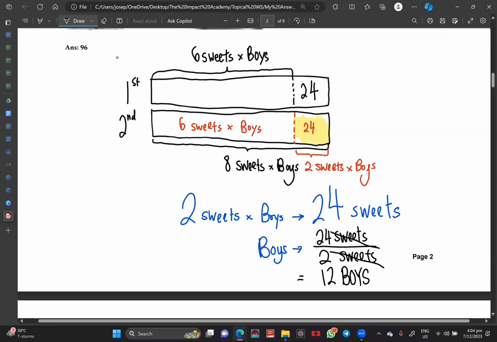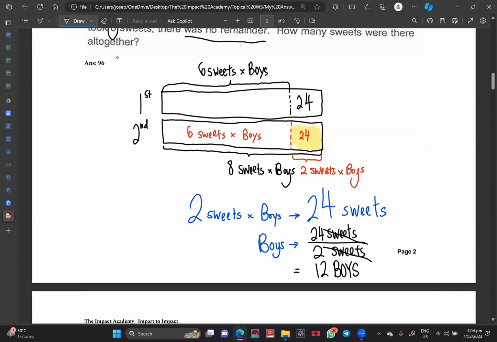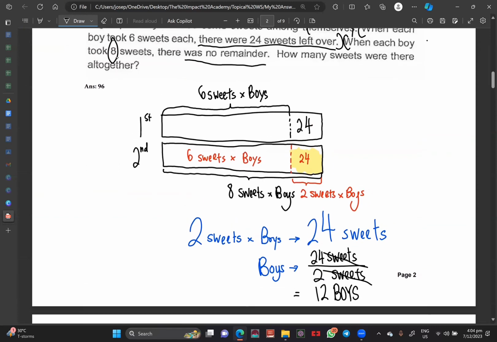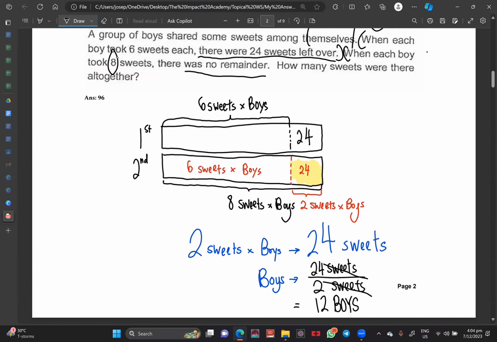Now, the moment you have 12 boys, you can start reading the question already. The question says, how many sweets were there all together? It doesn't matter which model you use. First example, second example, both will get you to the same answer, and it should get you to the same answer. Am I making sense here? So I know I have 12 boys.